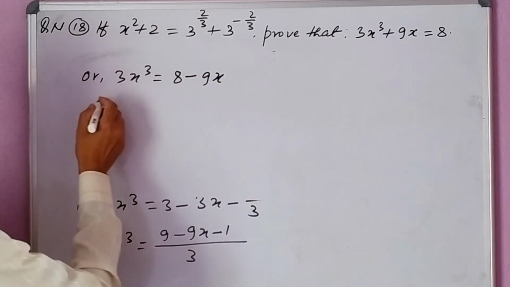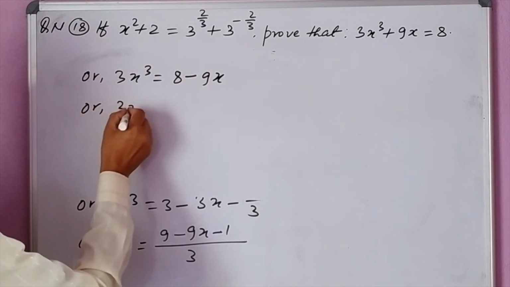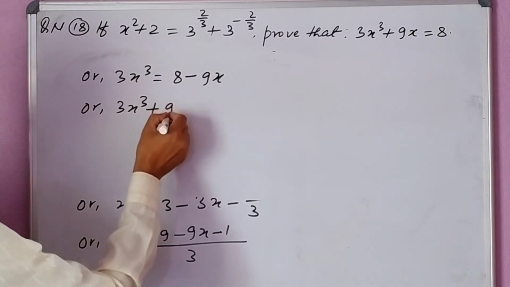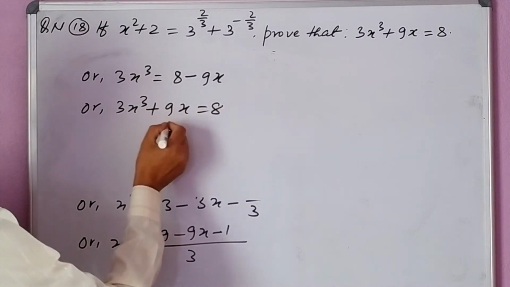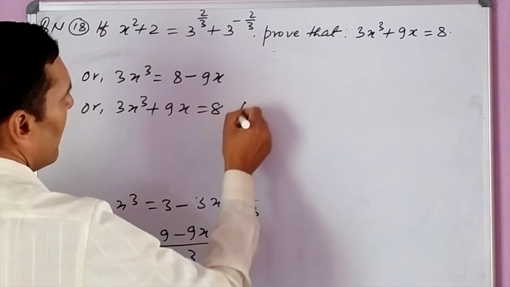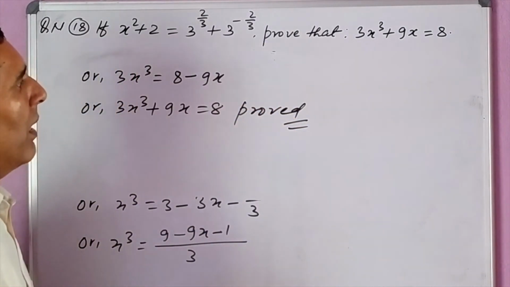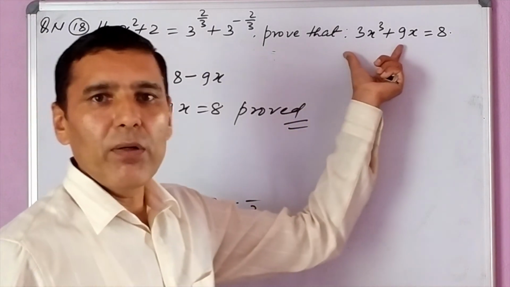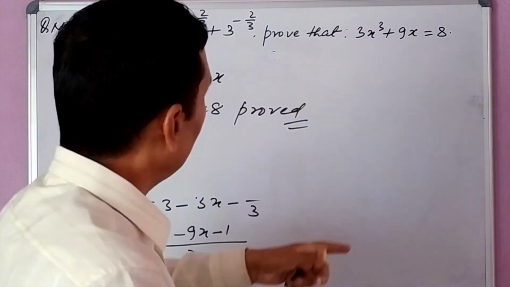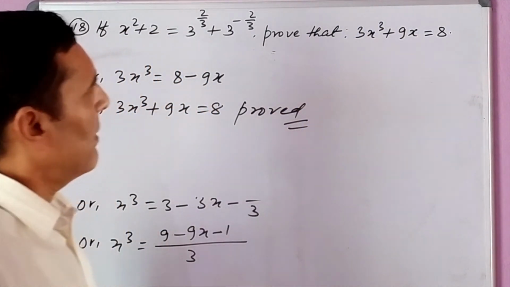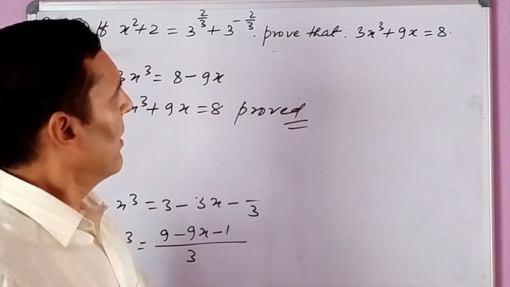If this 9x is brought to the left hand side, 3x cube plus 9x is equal to 8. So what we have to prove here, it is proved. We got the whole relation here. We did not keep the value of x on the left hand side. By cubing, we got the whole relation, 3x cube plus 9x is equal to 8.